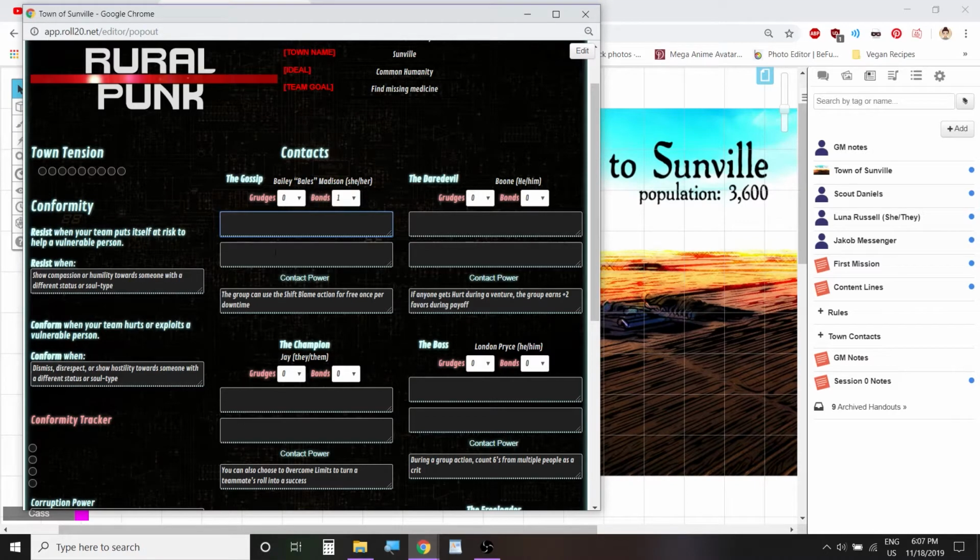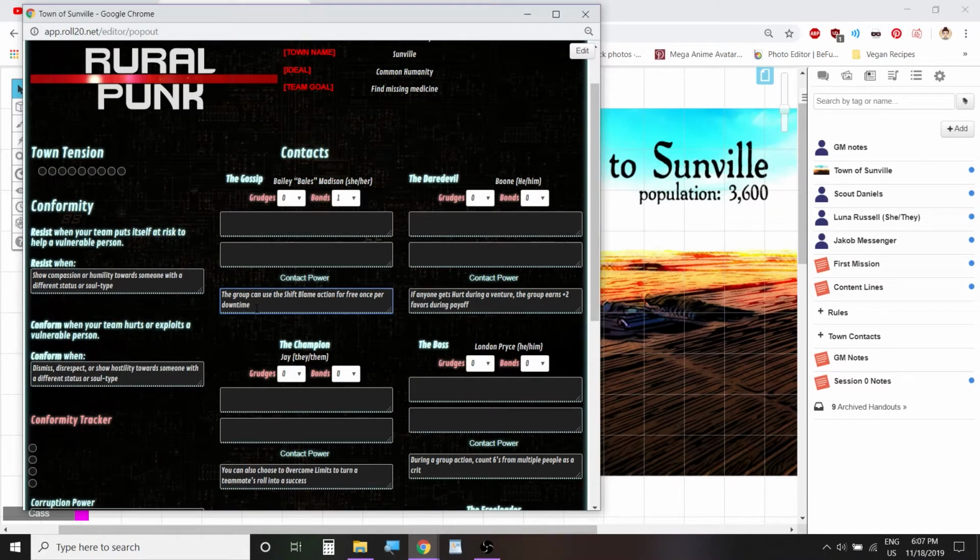Once they know both the traits, then they get to use the contact's power. So, for example, for Bales, once they know both of her traits, they can use the Shift Blame action for free once per downtime. And so she helps them manage the tension that's growing in the town as a free action during downtime.